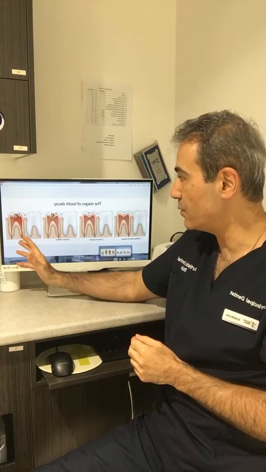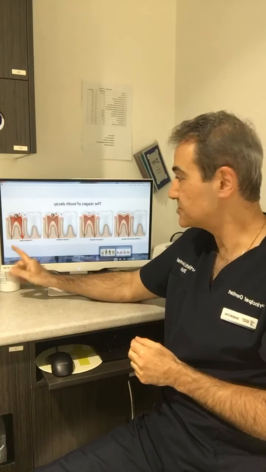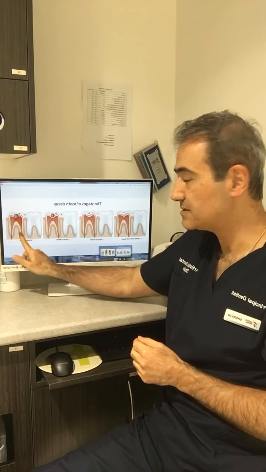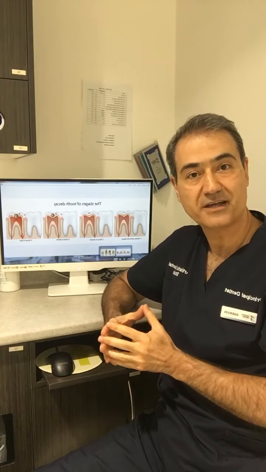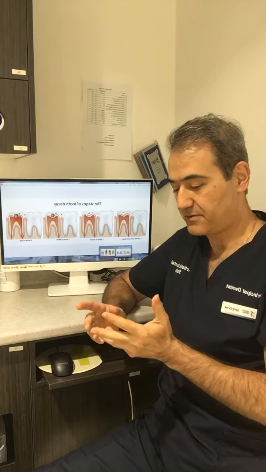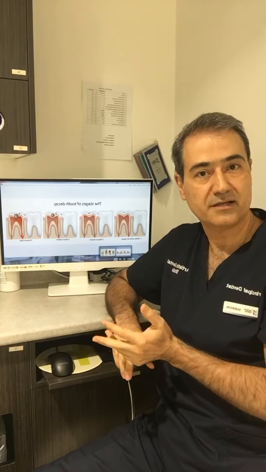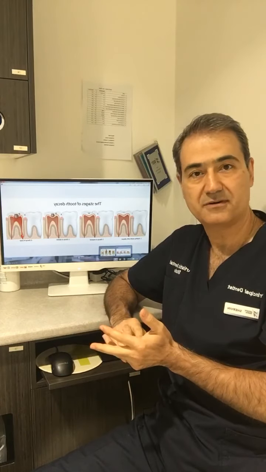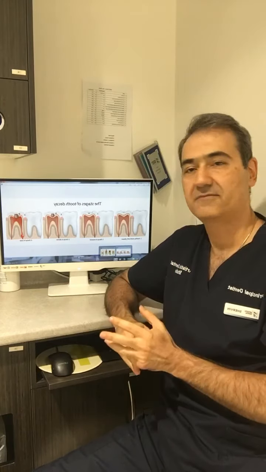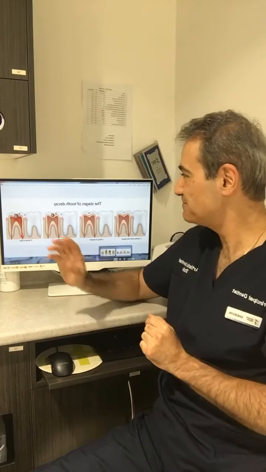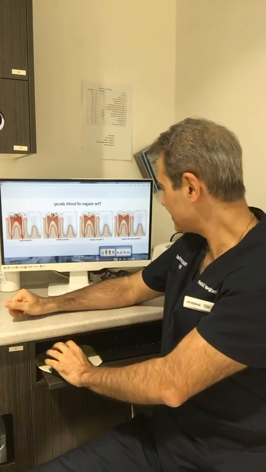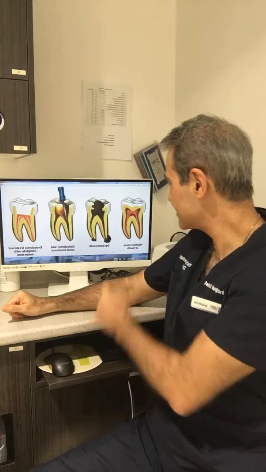So basically, what we need to do is to remove this nerve from within the tooth, because we cannot control infection with antibiotics only, or whatever you may think of. We need to do dental treatment. So, root canal treatment basically deals with such a thing.